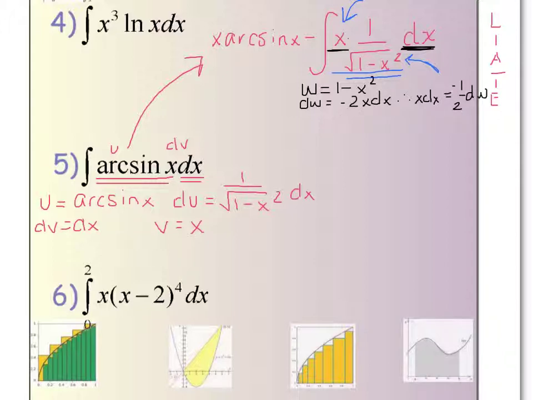Perfect. So that lovely thing becomes minus the integral of, I replace x dx with negative 1/2 dw, so that's plus 1/2 dw, and 1 over the square root of 1 minus x squared, which is w.